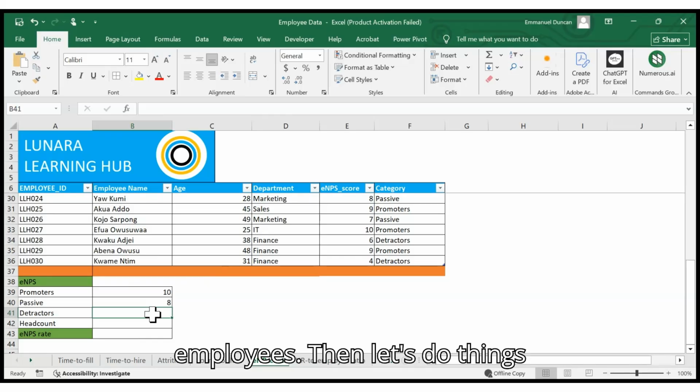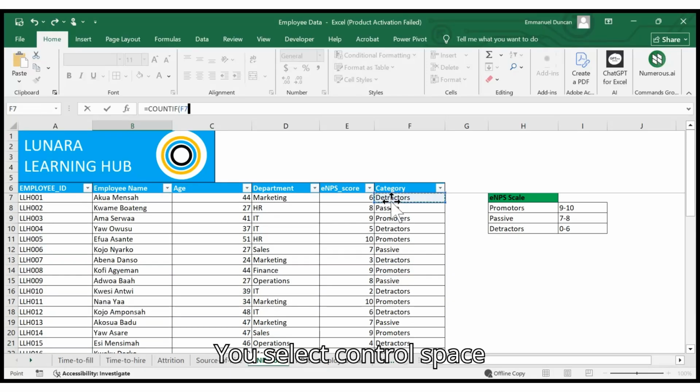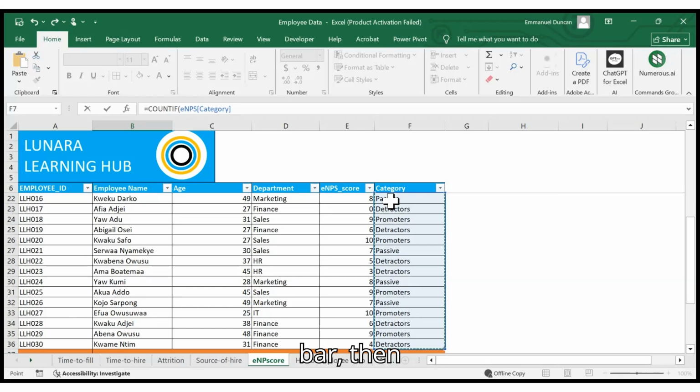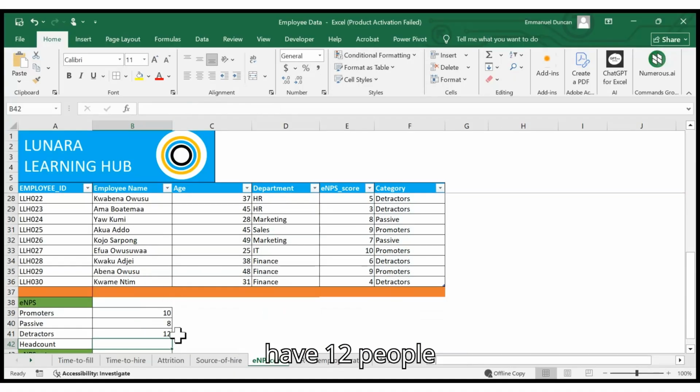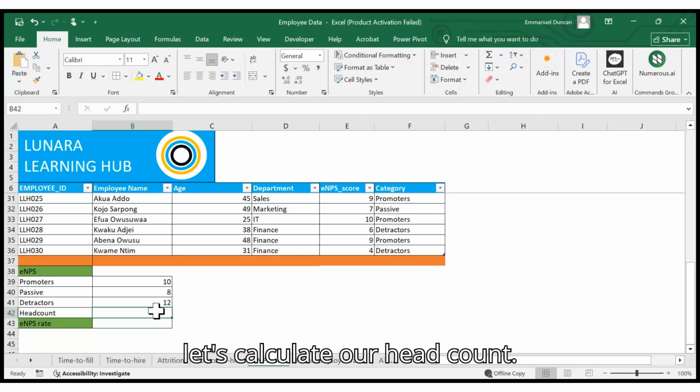Then let's do the same for the detractors. You select control space bar, then you press enter. We have 12 people as detractors.